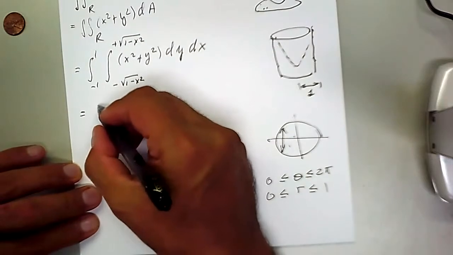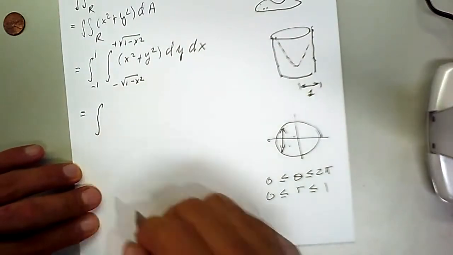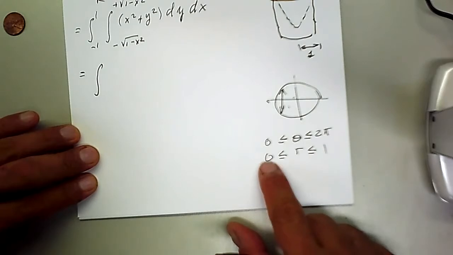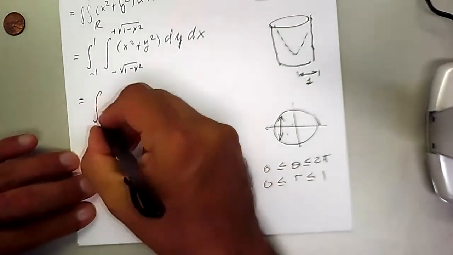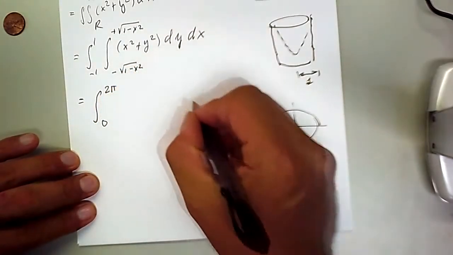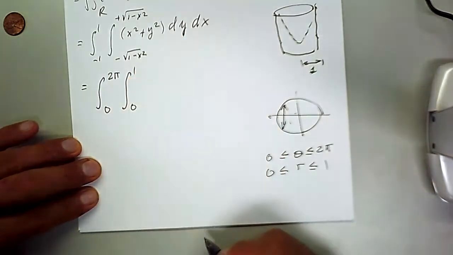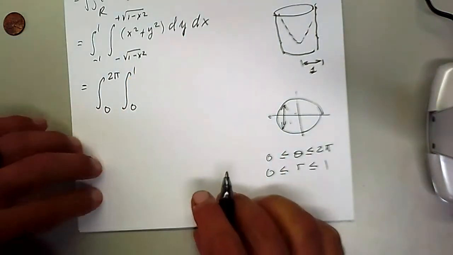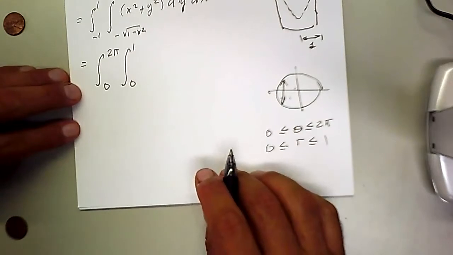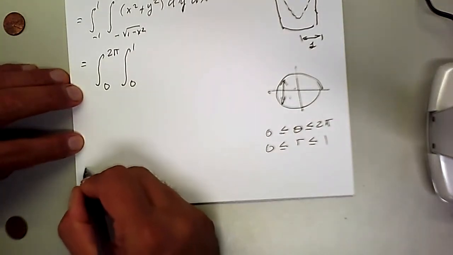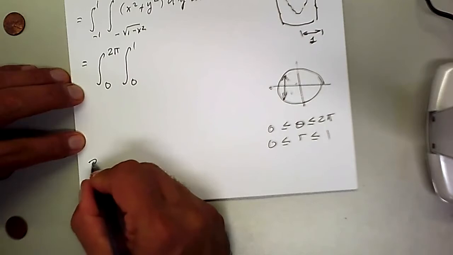So can I change that? Sure. So we can integrate from 0 to 2 pi on the thetas, and then from 0 to 1 on the r. Now, something I have to remind us of is what x is. So let me make a note here.